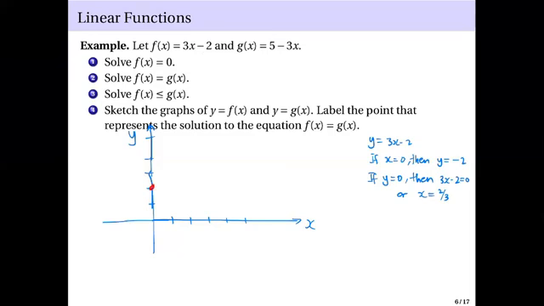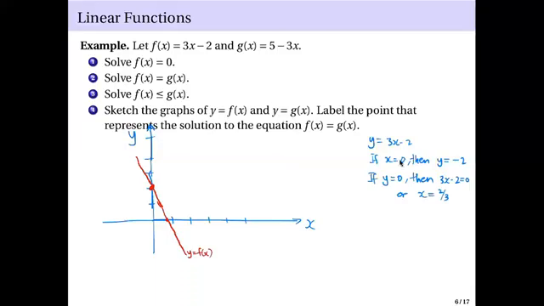So we have this point here. And then 2/3, 0, so it's somewhere here. And therefore, the graph will be something like this. So this is your y equals f of x.